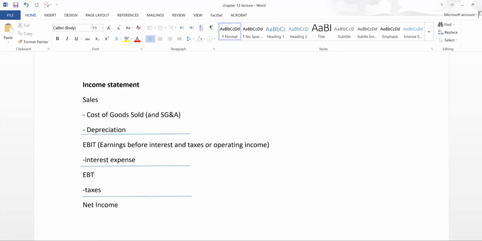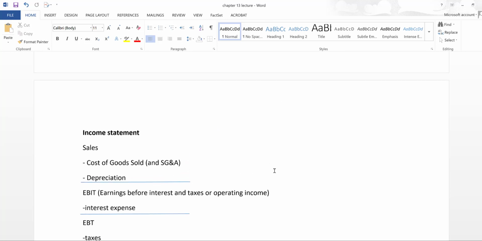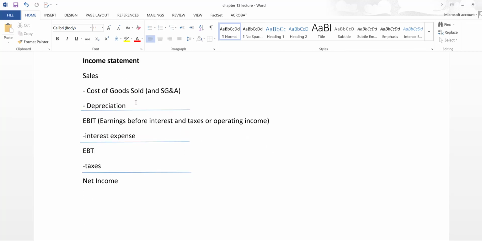This is the basic format of an income statement, right? You have sales minus cost of goods sold and selling, general and administrative expenses, and then from that you deduct depreciation and you arrive at EBIT, earnings before interest and taxes, also known as operating income.